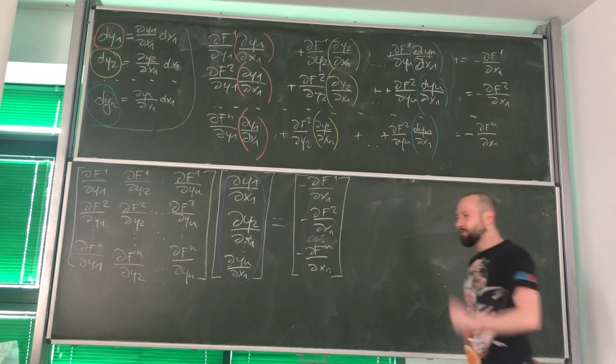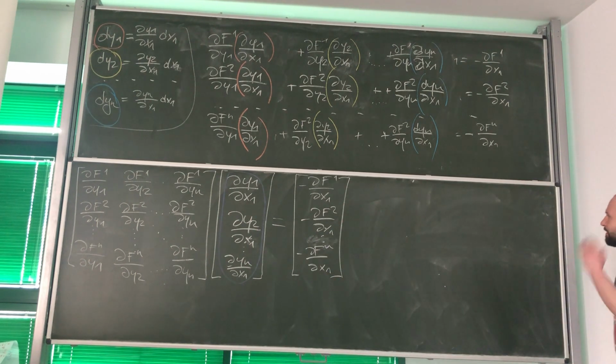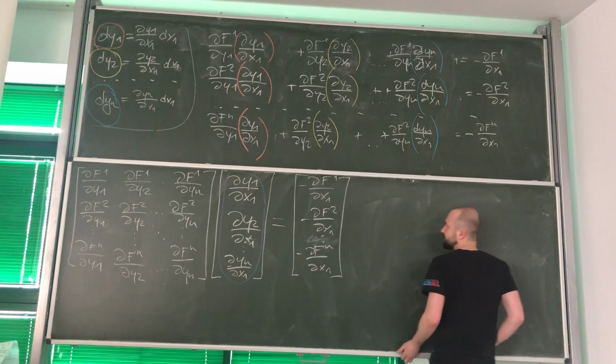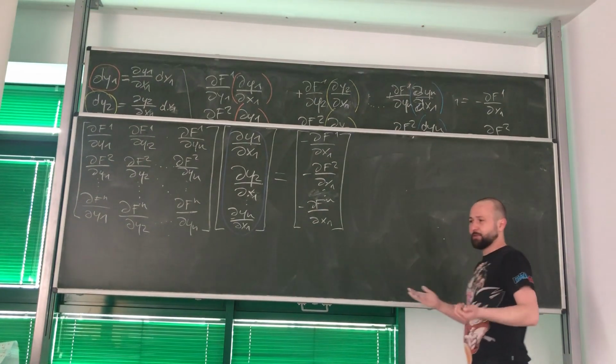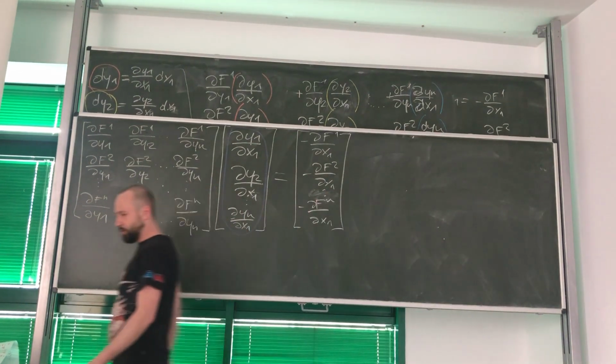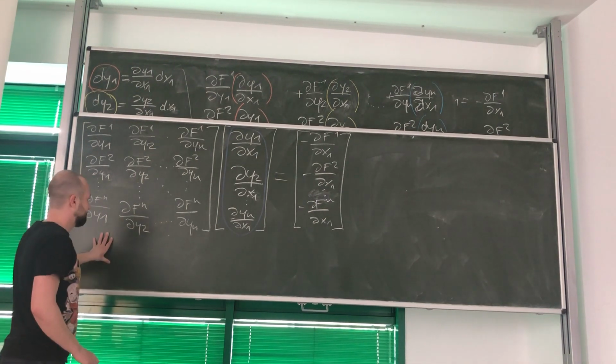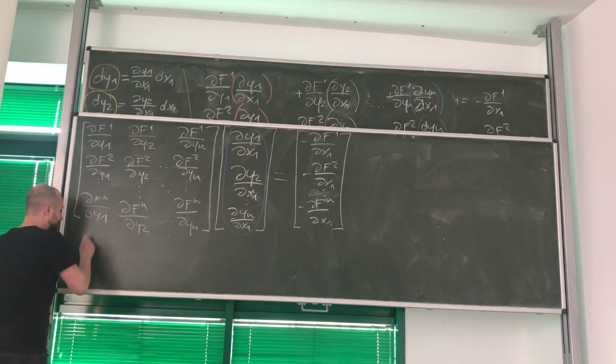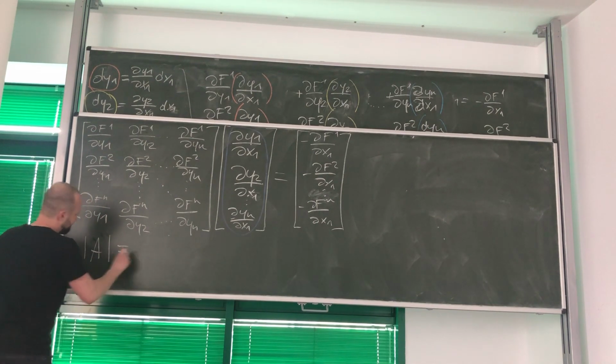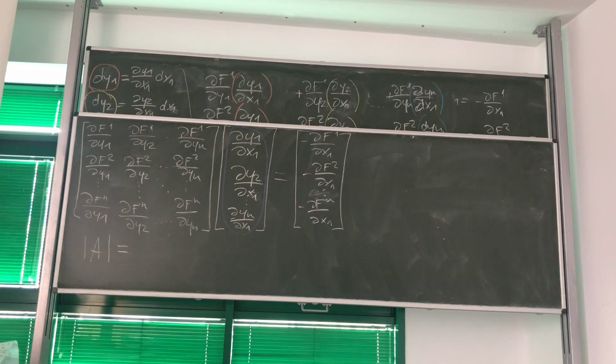So, how can I find those? Well, let's just use Cramer's rule. Like we did with numbers, we can do the same with functions. How would we solve it? First, we would calculate the determinant of the matrix of coefficients.